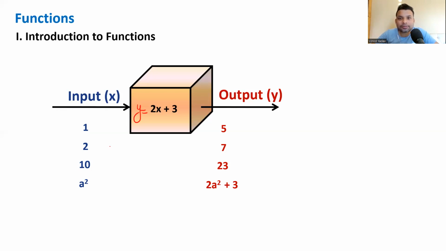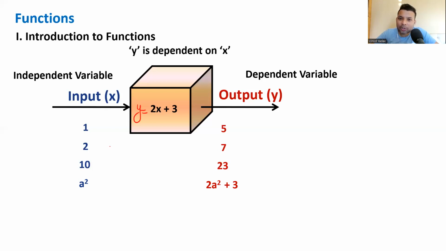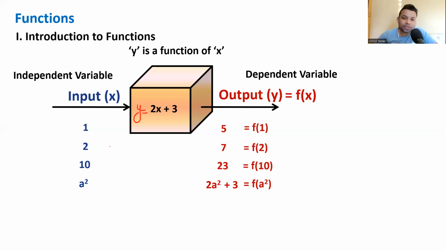isn't it? All right. So as you saw, we can choose any value of input here. So we can again say that input is nothing but the independent variable and output is the dependent variable. Okay, so y is dependent on x means y is a function of x. And this is how we write. Okay, all right. One more notation which you should understand.